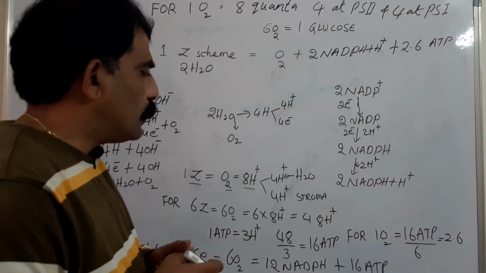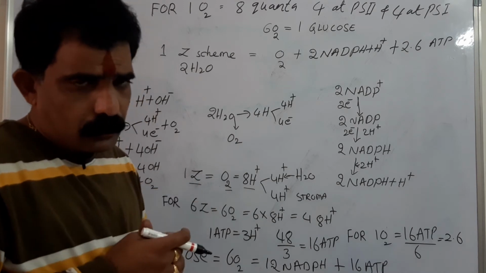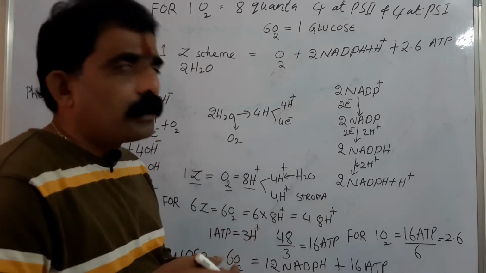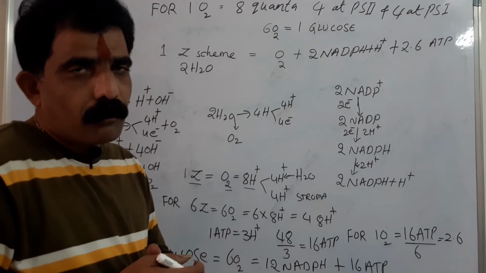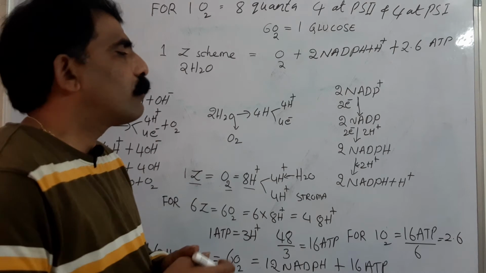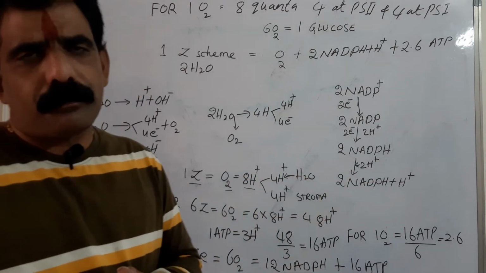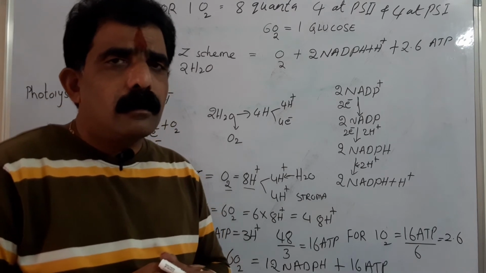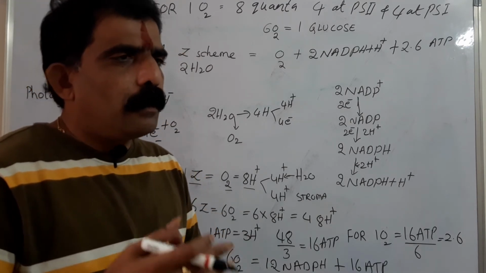So, from the photolysis of water, 50% of the protons, out of 48, 24 come from photolysis of the water, and the remaining 24, every time 4, 6 times, come from the stroma. So together 48 protons are accumulated. We know 1 ATP needs 3 protons, meaning for the formation of 1 ATP, 3 protons are needed.